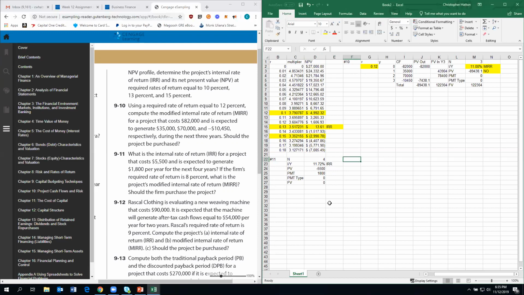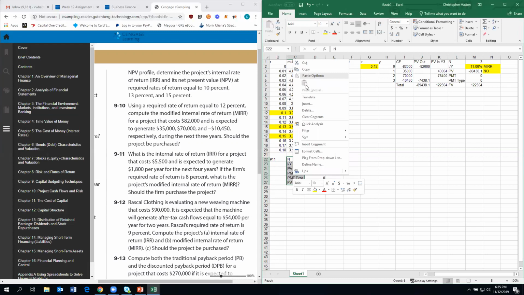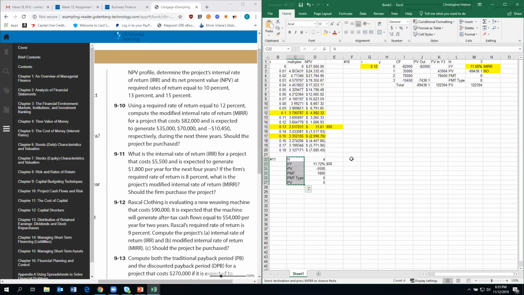But now we need, so we need to find out what the future value is of $1,800 per year at a required rate of return of 8%. So to do that, we need to do another build. So now we're looking for future value.